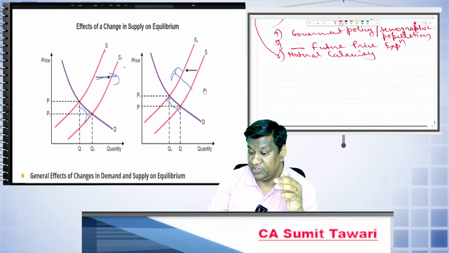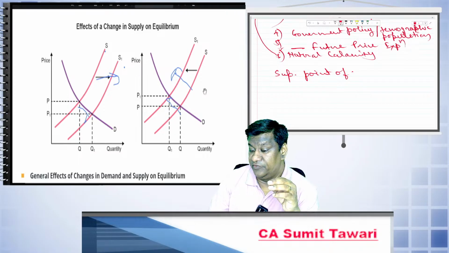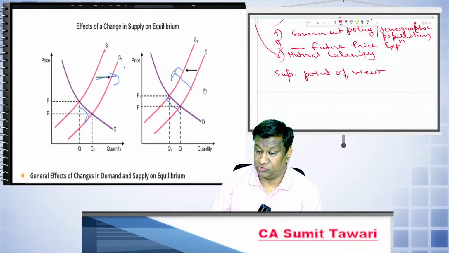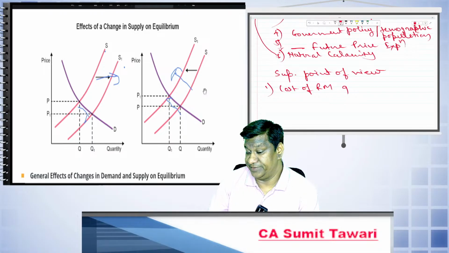Now, from the supplier's point of view, for example, I'll give one example: the cost of raw material gets increased.